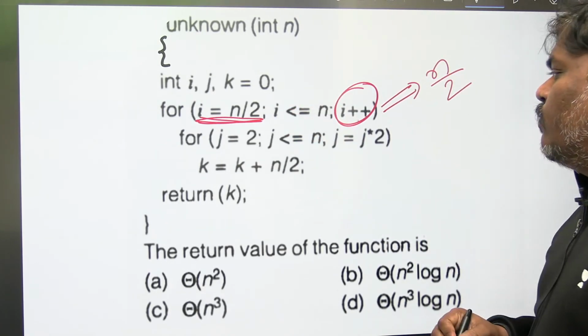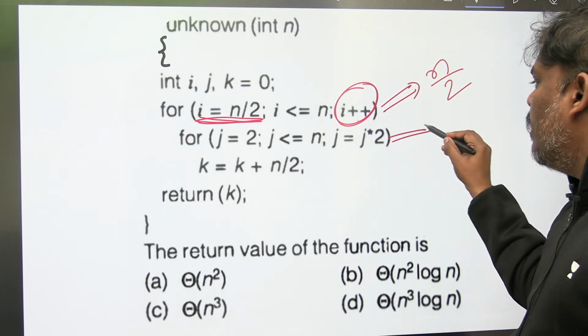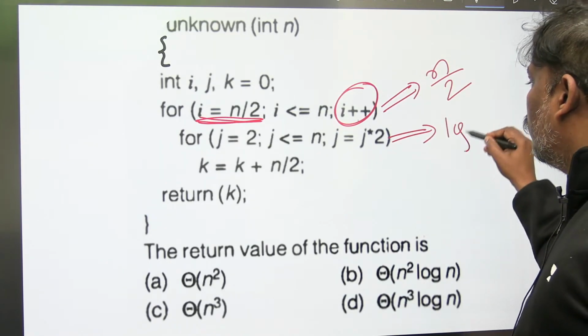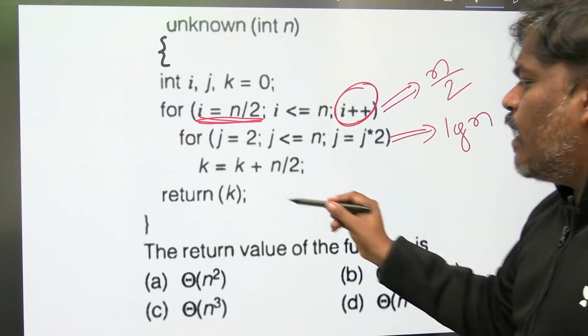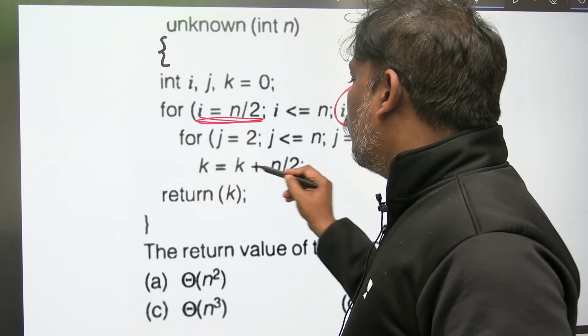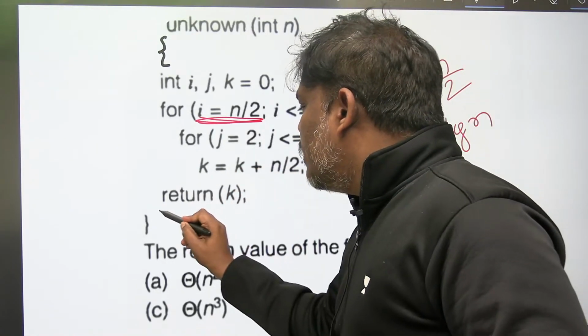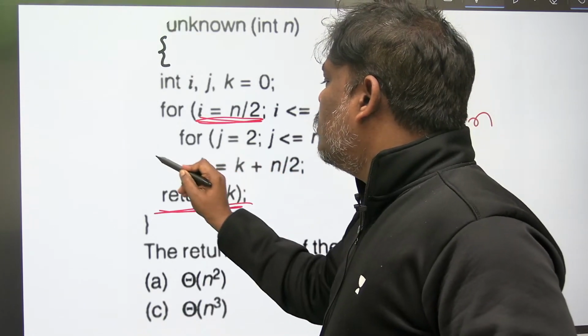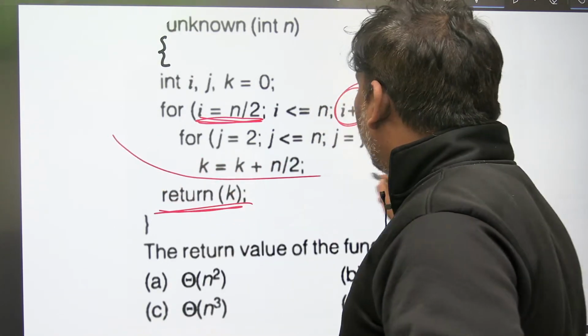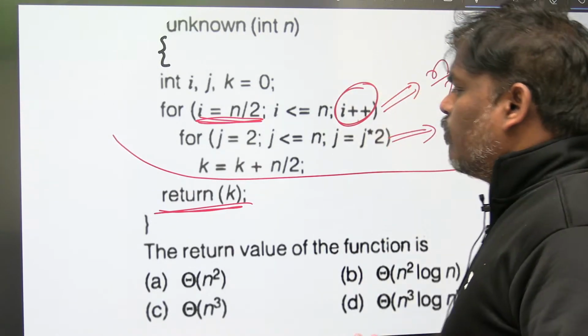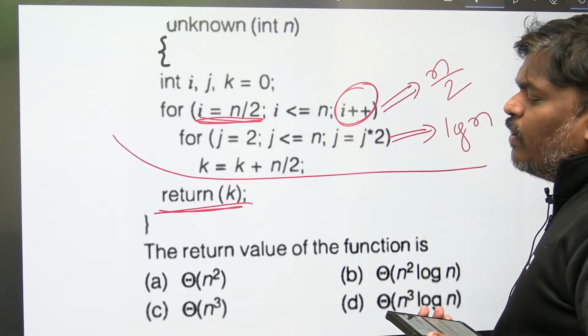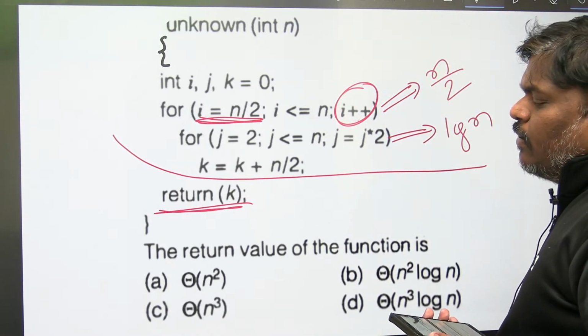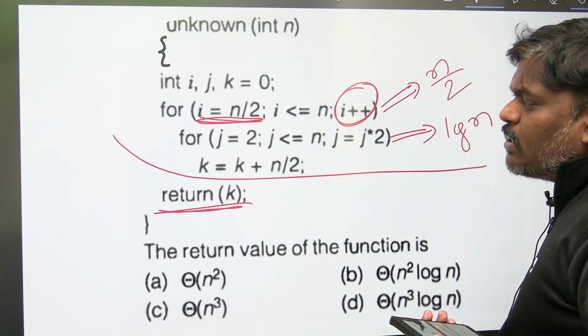So j is always multiplied by 2, which is log n. So k is equal to k plus 1, or k plus n by 2. And one more thing: return is there, but no bracket. What is the meaning? Each j value runs only until here, because due to the lack of bracket, the for loop will take only one statement. So the j loop will take only one statement.